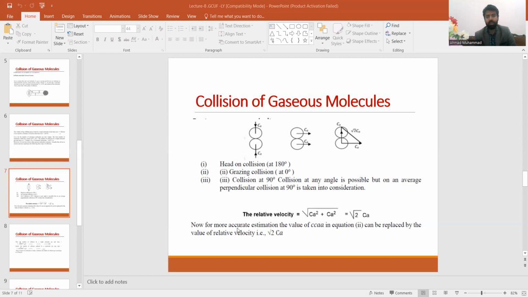The average velocity is equal to the square root of Ca square plus Ca square, which is equal to root 2 Ca. Now, for a more accurate estimation, the value of Ca in the second equation can be replaced with the relative velocity, which is root 2 Ca.